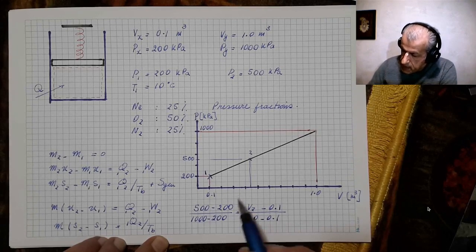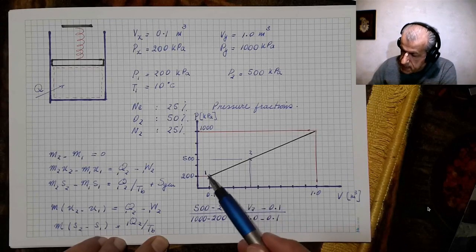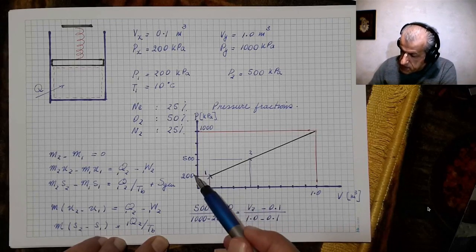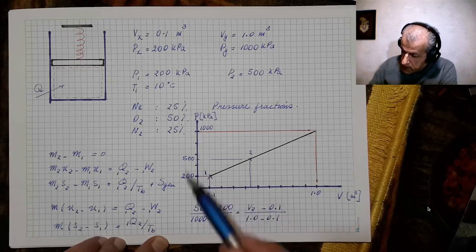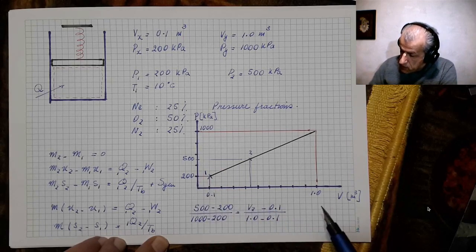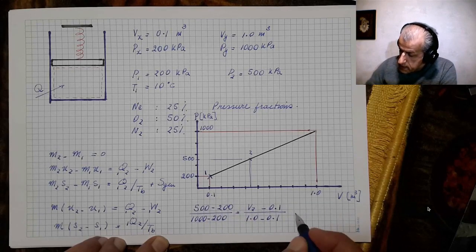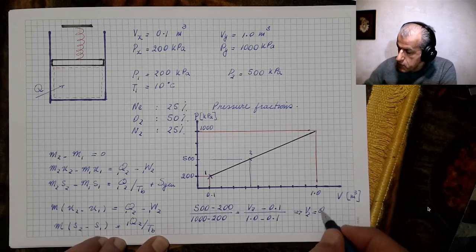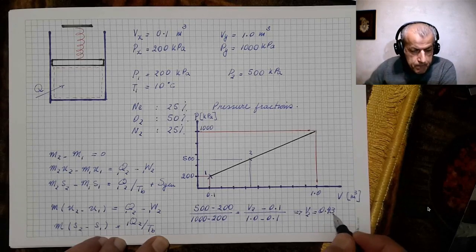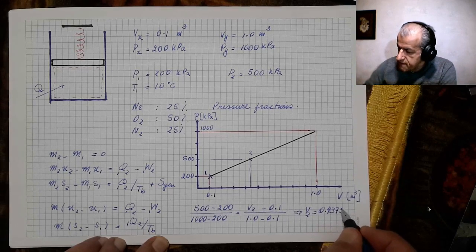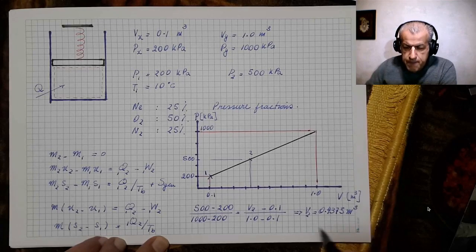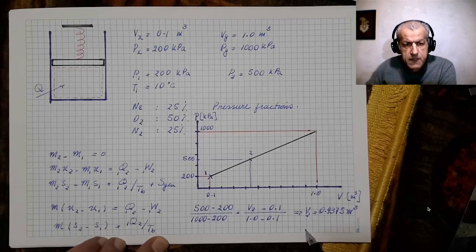So basically, on the pressure scale, it is 500 minus 200 divided by 1000 minus 200. On the volume scale, it is V2 minus 0.1 divided by 1 minus 0.1. And the conclusion for V2 is 0.4375 cubic meter.